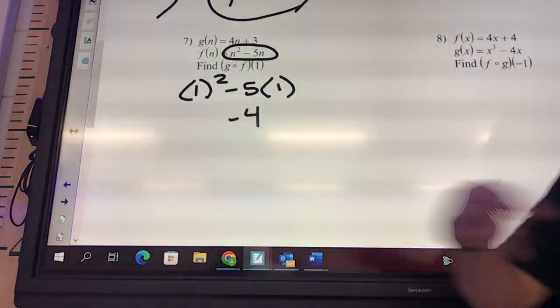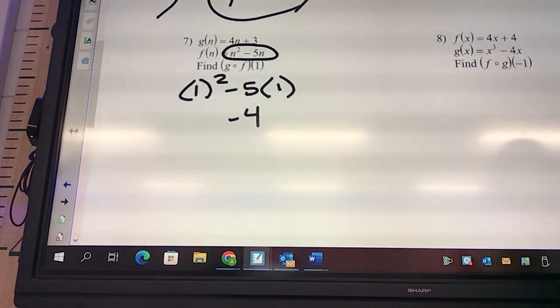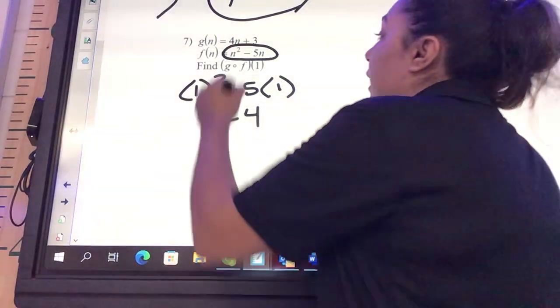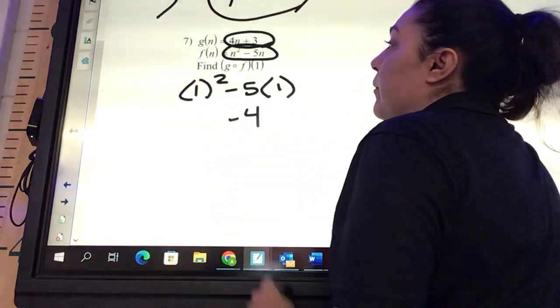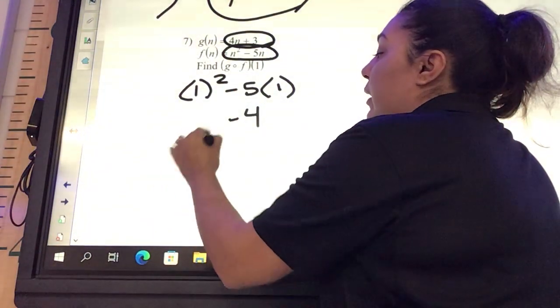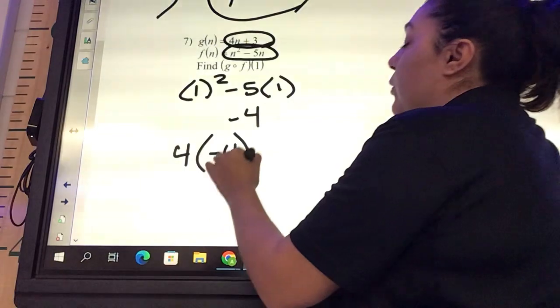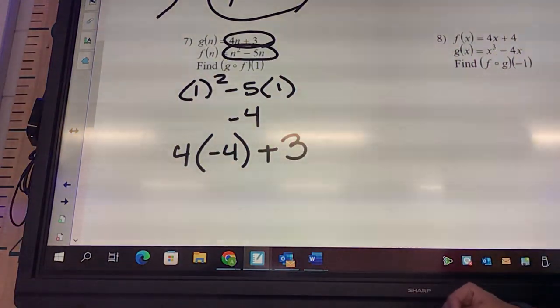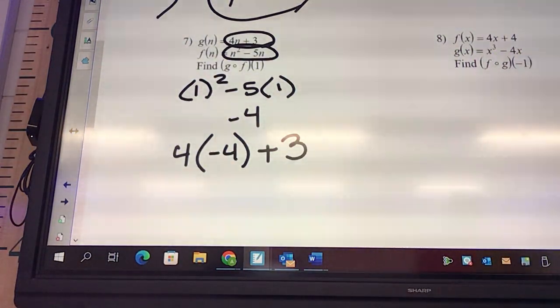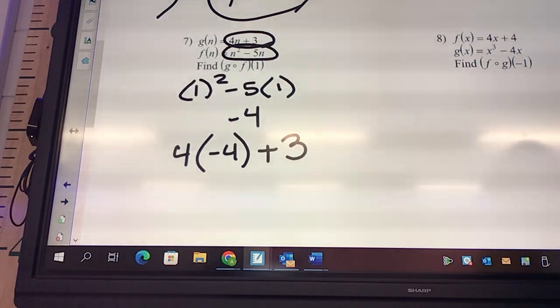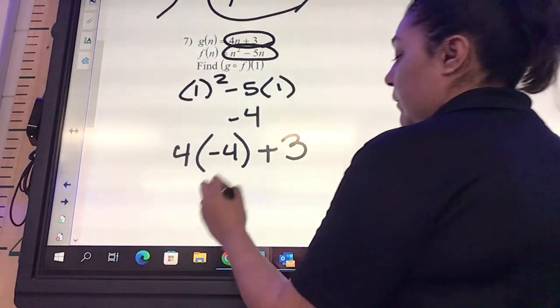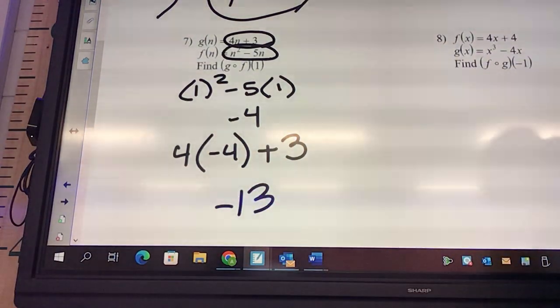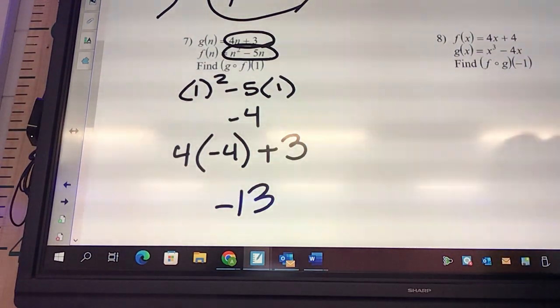Okay, now what? Now we do G. Okay, and what am I plugging in? So we got negative 4, and then we got negative 4 plus 3. Okay, type that in your calculator, see what you get. Somebody agree? Negative 13. Okay, how many hours are we talking? 1 hour.